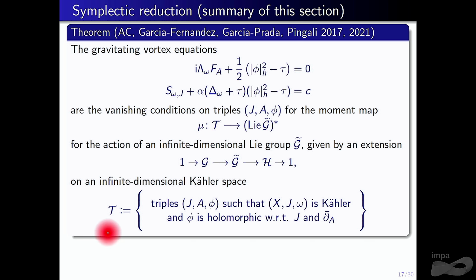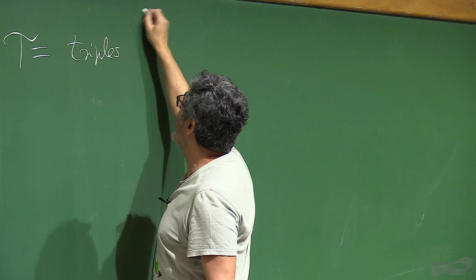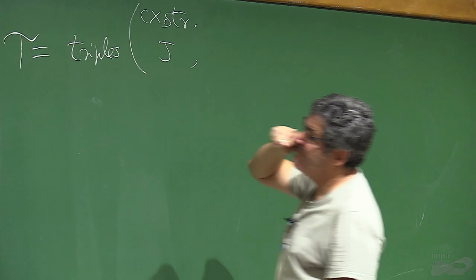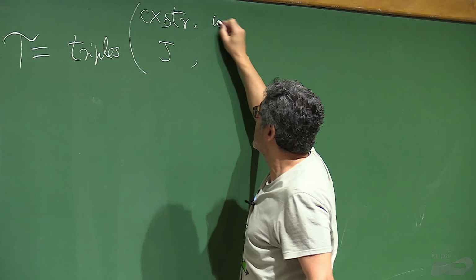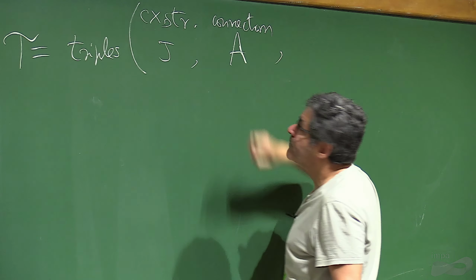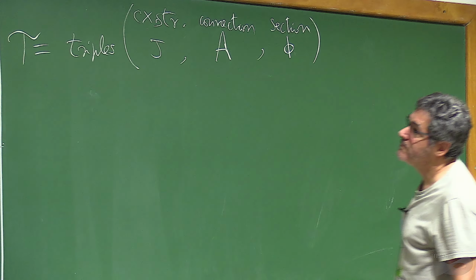And we consider this space of triples. Okay. So T consists of triples given by a complex structure J, a unitary connection A, and a section phi of the line bundle.